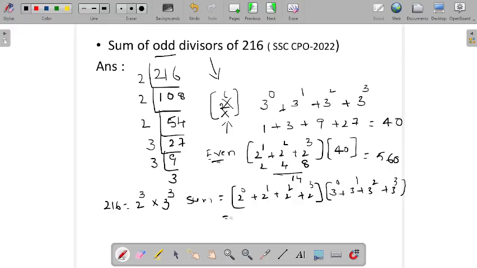So 1 plus 2 is 3, 3 plus 4 is 7, 7 plus 8 is 15, into this value 40. So finally we have got 600. See, if you observe here, 560 plus 40, sum is 600. We have got 600.